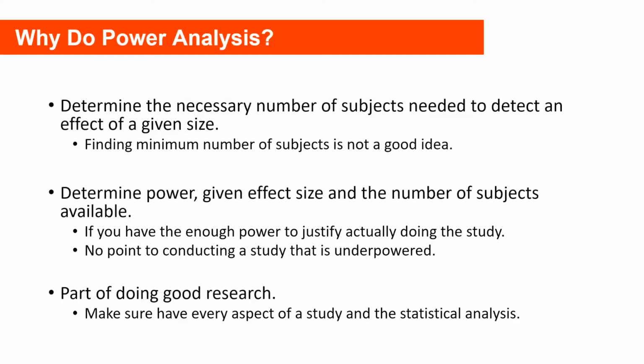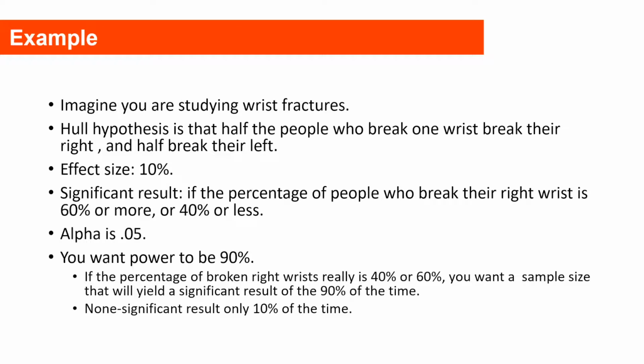So, here is an example about determining the necessary number of subjects. Imagine that you are studying wrist fractures. The null hypothesis is that half the people who break one wrist break their right and half break their left, and the effect size is 10%.